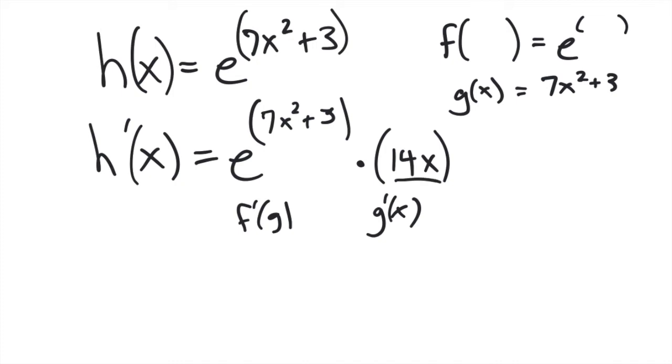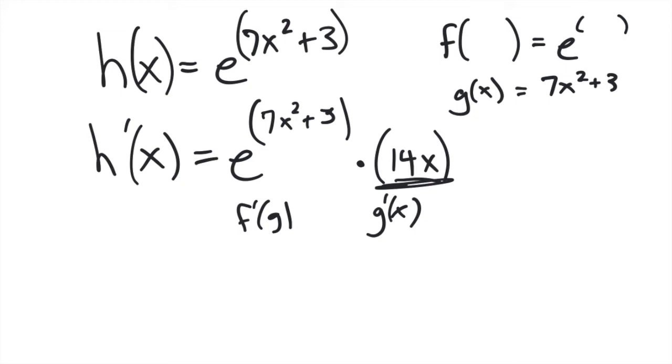But if, let's say, the inside was 7x squared plus 3x, then the derivative of the inside function would be 14x plus 3. There's a binomial there, and that has to all go in parentheses because it's all being multiplied by the first term. So as a good practice, I think it would be helpful to put the whole g prime of x in parentheses, to start creating that habit, so that we multiply by the entire g prime of x.